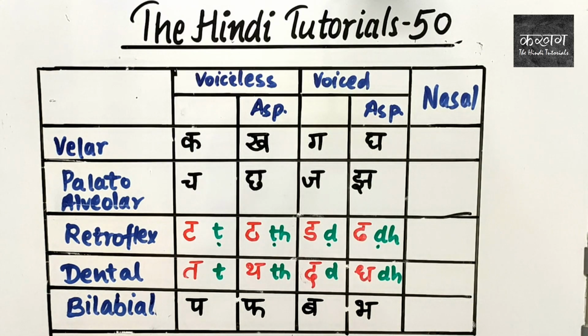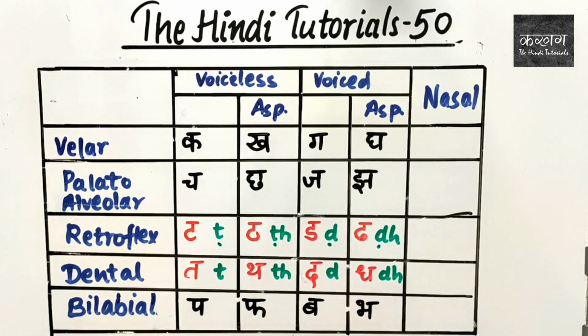On the basis of the position, the groups are named velar, palatal, retroflex, dental and bilabial. I have written palato-alveolar because the sounds that we pronounce are actually palato-alveolar.